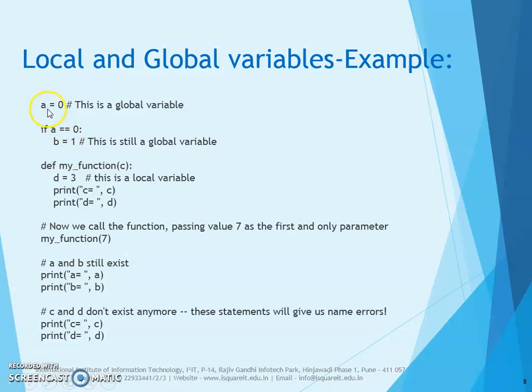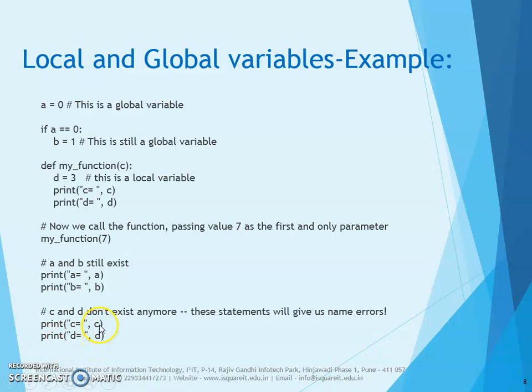Here we have used both the variables outside this block of the function definition. So once we try to print a is equal to and b is equal to, it will print a is 0 and b is equal to 1. Now for these two lines, we are trying to print the value of c and the value of d.